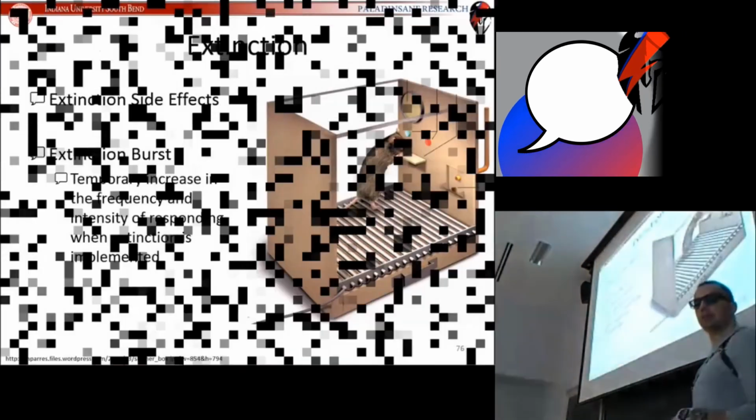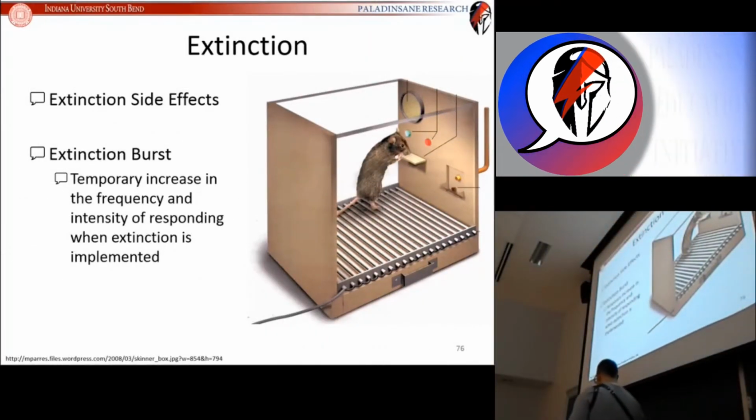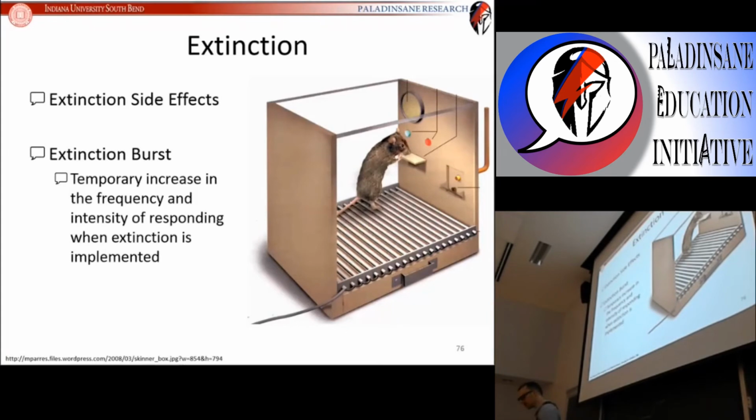All right, and in terms of the extinction procedures, we saw a bunch of the side effects for the extinction procedure. So there was the extinction burst. So we saw that Harry got, when the extinction was going through, we saw that his self-abuse got much stronger than it was before.